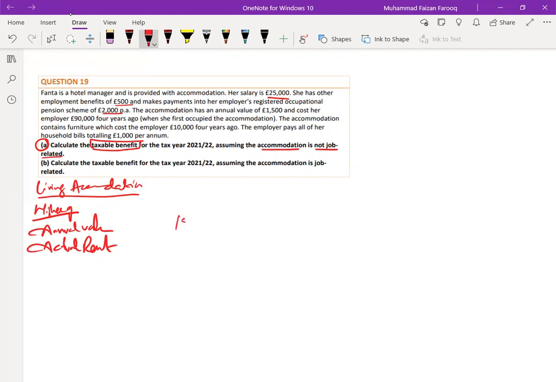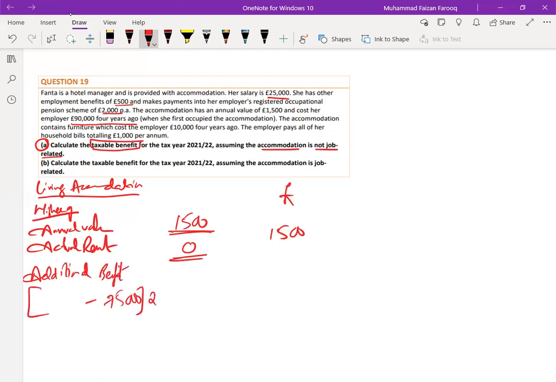Accommodation has an annual value of 1,500. Actual rent is not given, means 0. Higher of is 1,500. I take it out. Cost is 90,000, 4 years ago. If cost is greater than 75,000, we know we have to calculate an additional benefit, and the additional benefit will be the excess over 75,000 at 2%.